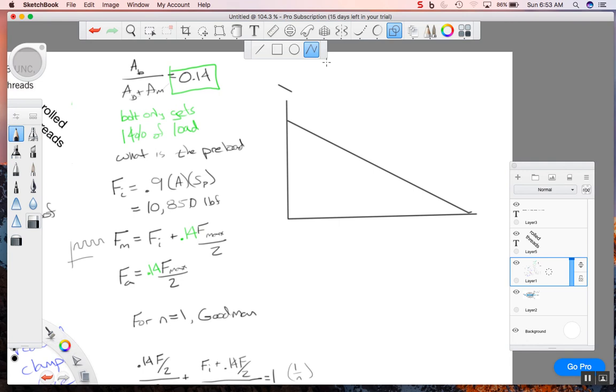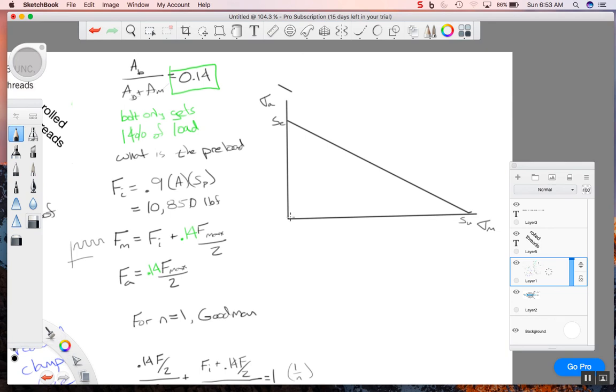So let's label this stuff, because we've got all these plots, we forget what's what. This is sigma alternating. This is sigma mean. This is the endurance strength. This is the ultimate tensile strength. I should probably put a yield line in there.